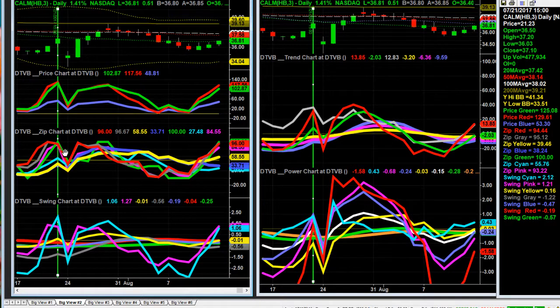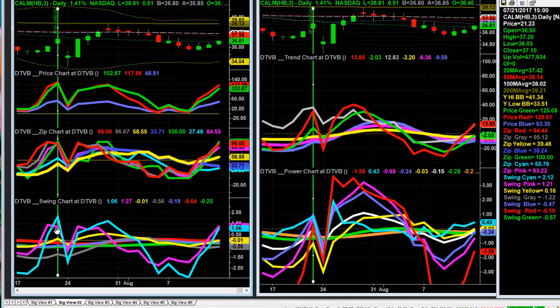So although we may have found this opportunity when the scanner spit out power blue highest, the verification of the trend gray and red divergence and the verification of the swing Zion and pink divergence, especially with zip pink going down, that's a leading indicator telling us the price direction is going down next day, because swing pink is probably your best leading indicator within the entire system.